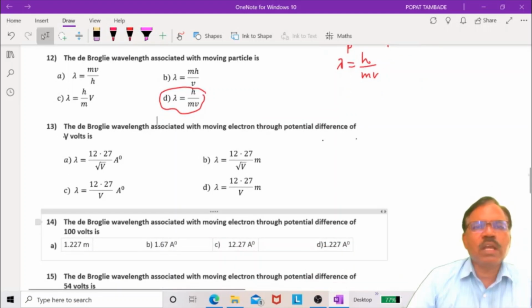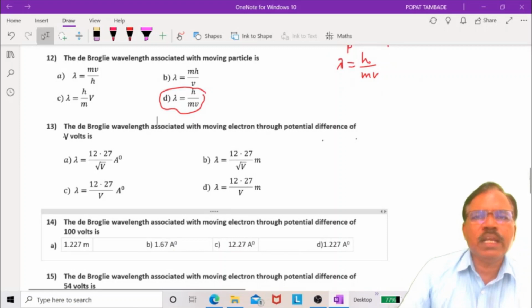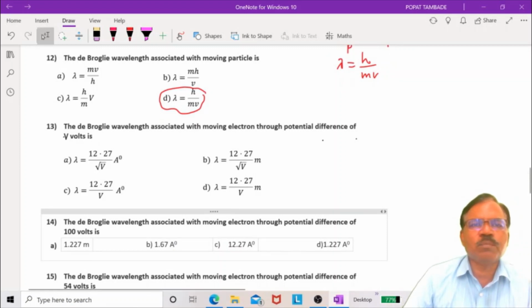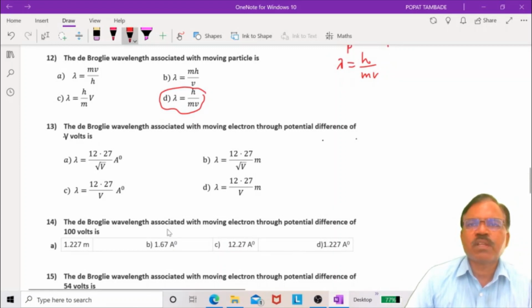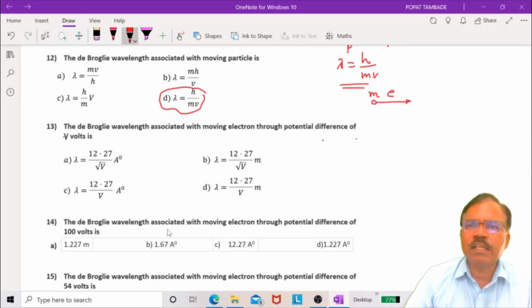Now the de Broglie wavelength associated with a moving electron through a potential difference of V volt. Now we know lambda is equal to h upon mv. mv is momentum. Suppose an electron having mass m and charge e is moving through a potential, suppose from minus to plus, of capital V volts.